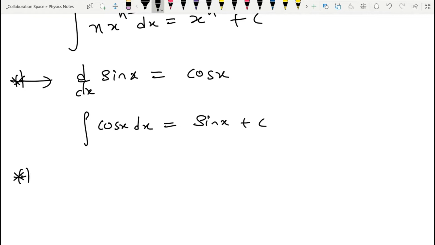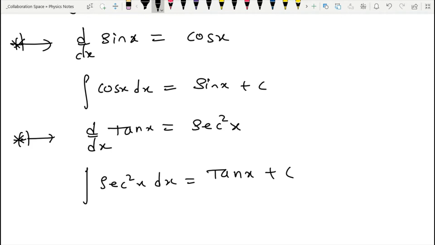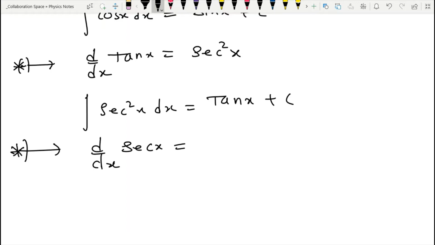Now see again, d by dx of tan x is secant square x. What is the integration of secant square x dx? Tan x plus c. Just reverse process. I am doing only reverse. What is d by dx of secant x? Secant x tan x.